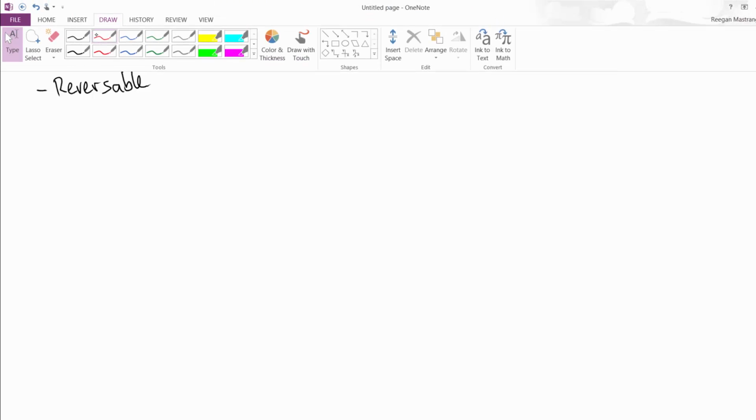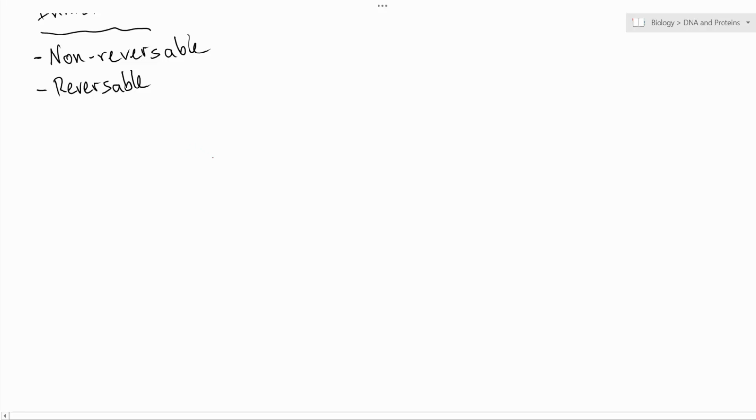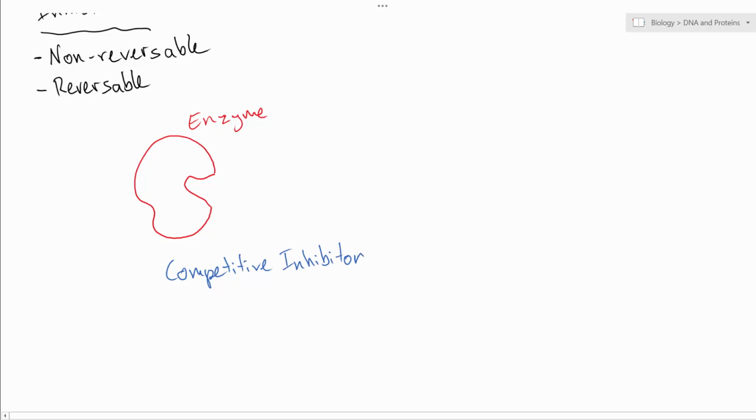So I'll draw an enzyme here to demonstrate that. Alright, that will do. So that's an enzyme, and this is going to be an example of a competitive reversible inhibitor, or just a competitive inhibitor will do.